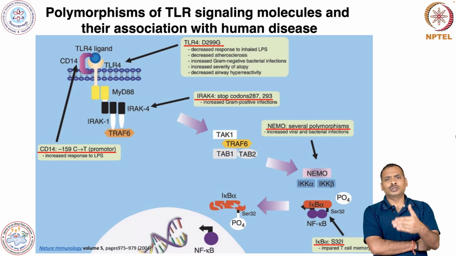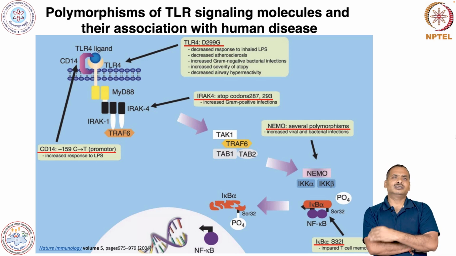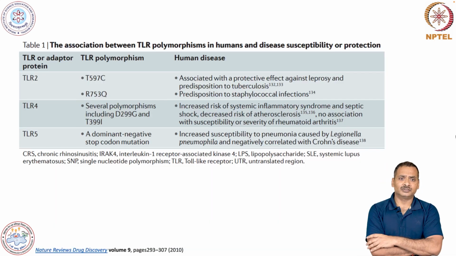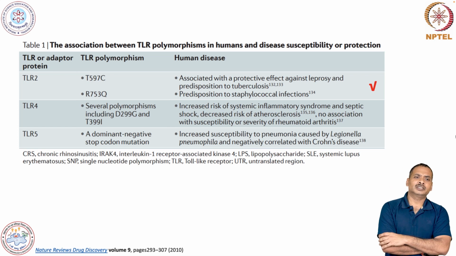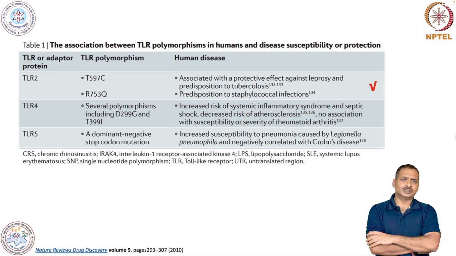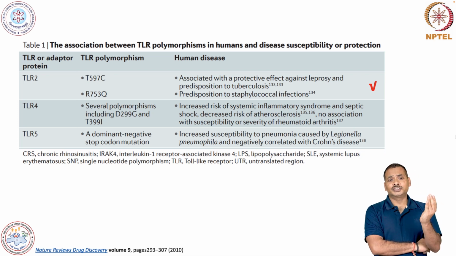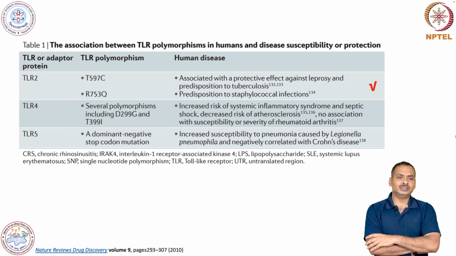So I will talk about some more TLRs and their polymorphisms and their association with disease, as you can see in this table. So in TLR2 there is one polymorphism, which is basically the conversion of threonine to cysteine amino acid.